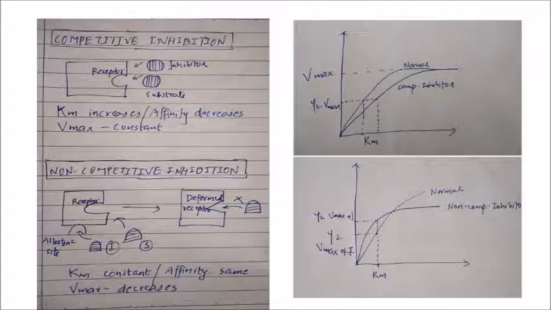Vmax is the maximum velocity of reaction and it is attained when a receptor is saturated with the substrate. Here in this case, if we increase the substrate concentration, we can attain a Vmax that is attainable even in the absence of the inhibitor. So Vmax remains a constant. Clear? So in competitive inhibition, Km increases or affinity decreases and Vmax remains a constant.